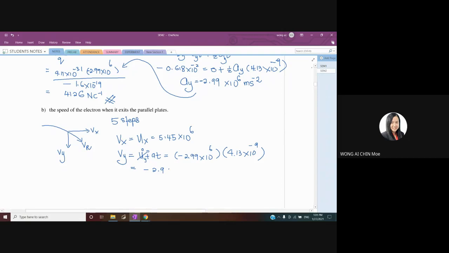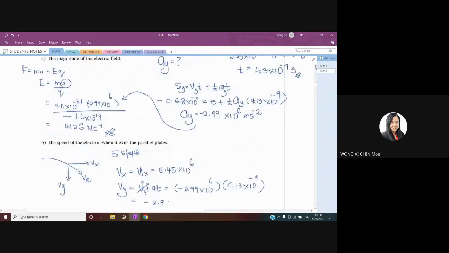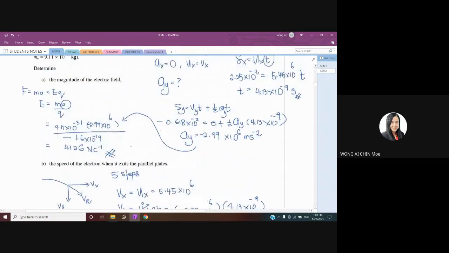Okay, wait. Just now, there's a mistake here. S equals to ut plus half at squared. Here is squared. Sorry, teacher made a mistake. So please do correction. You recalculate your a.